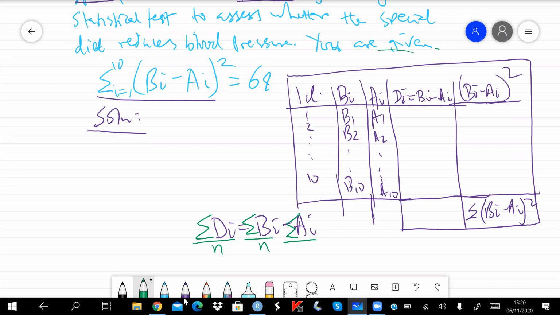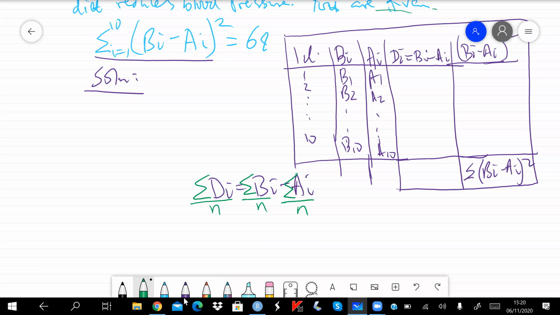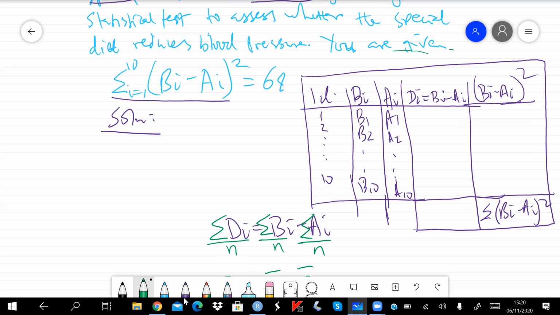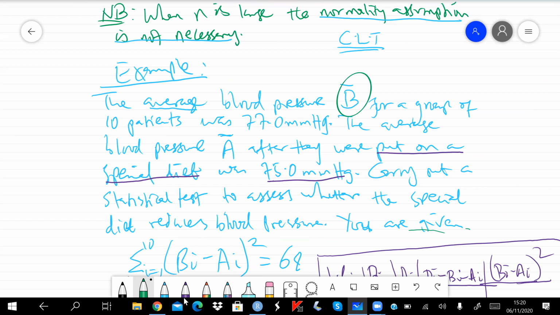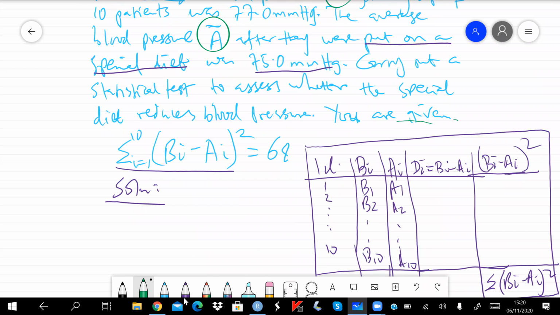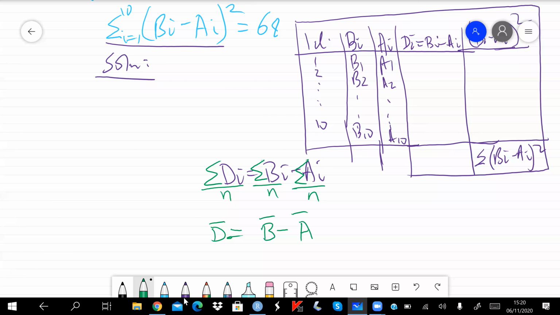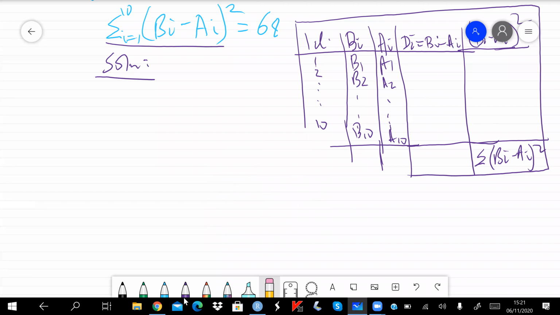On the left-hand side we have D bar, the mean of the differences, which is the mean of the B's minus the mean of the A's. We are already given the mean of the B's and the mean of the A's, so it is easy to obtain the mean of the differences. I think we have all the information we need, so let's solve the question.